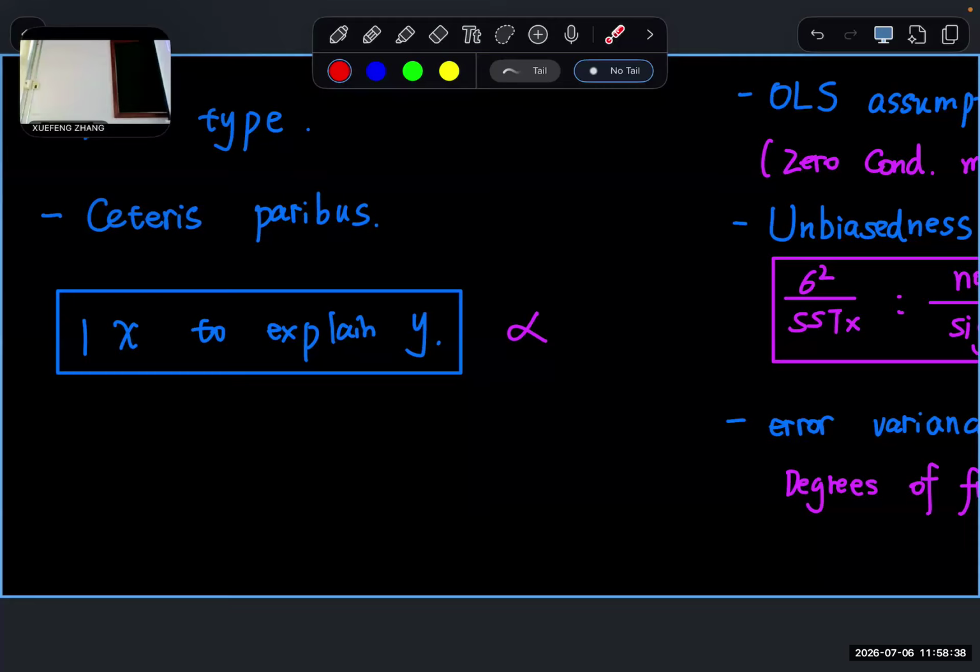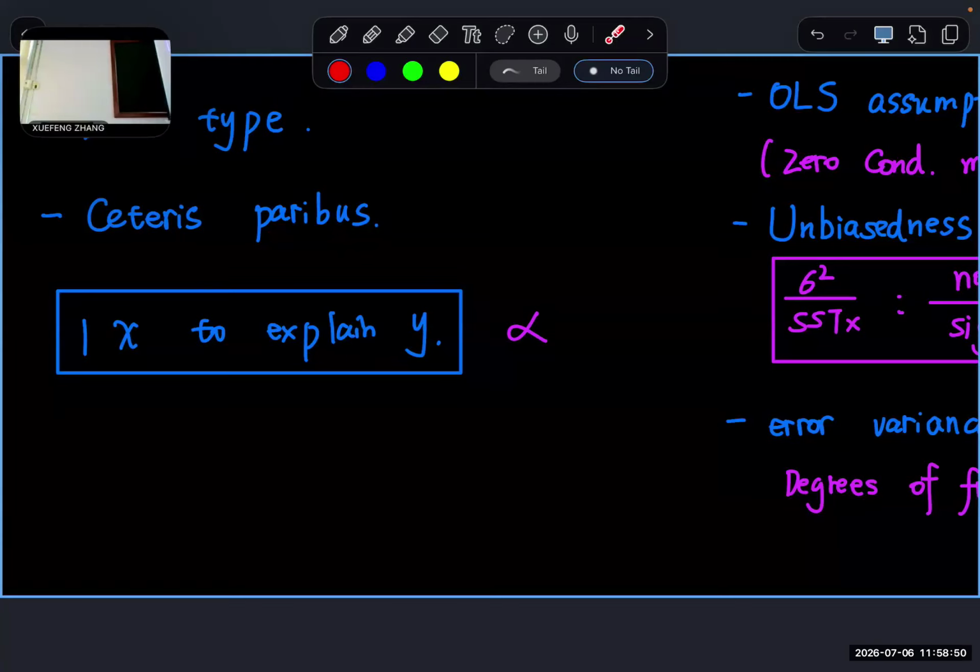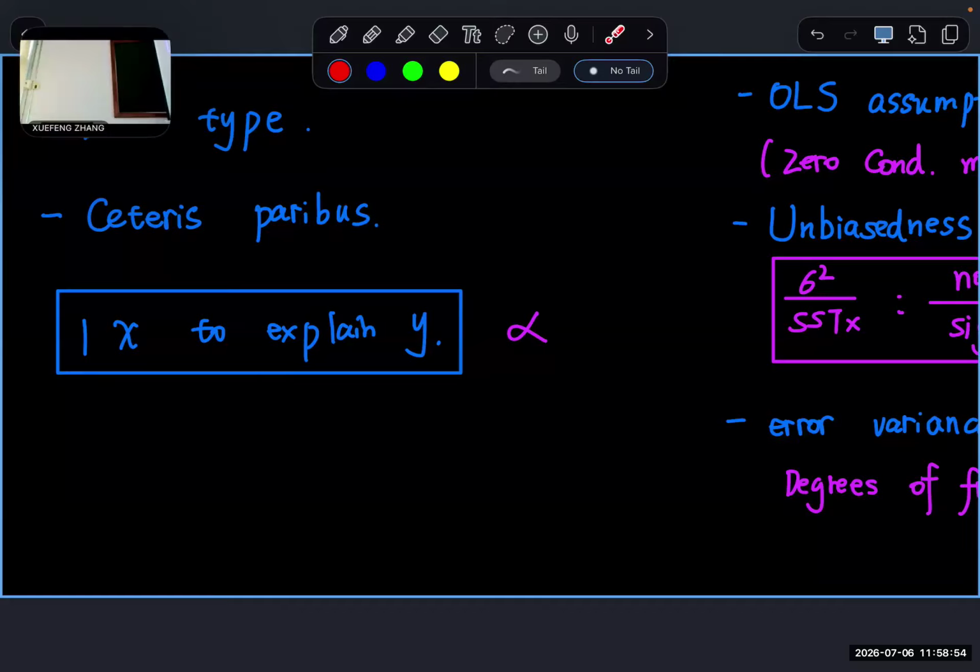Okay, another suggestion for you guys. Here I told you we want to use one x to explain y, but this is not practical in reality. So you must find many x to explain y. But right now, a lot of papers are already done about the factors that we want to use to explain y. So one suggestion from my side, you may consider the asymmetric effect on y.